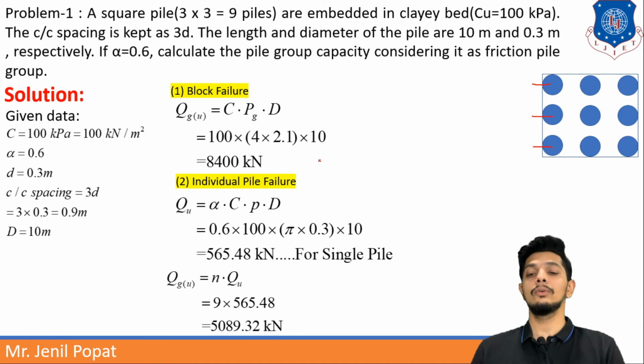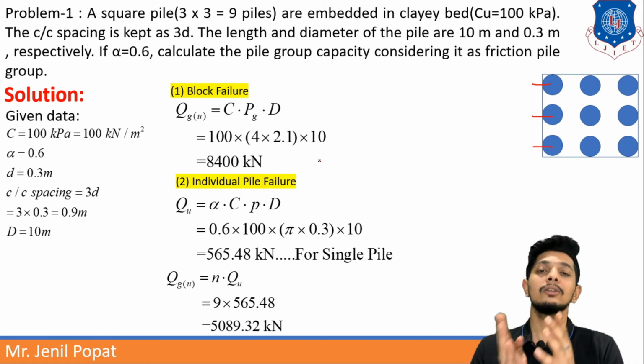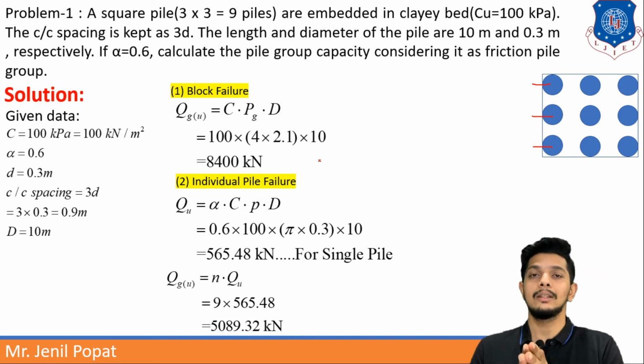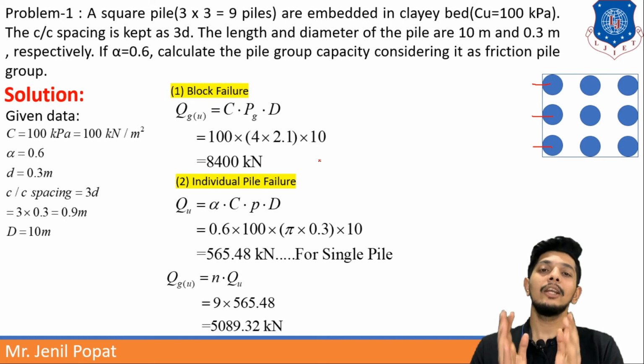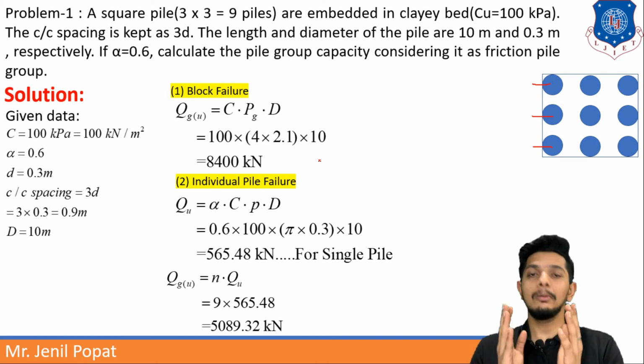Now if you compare 9 piles at 565.48 kilonewton each, the total capacity will come out as 5089.32 kilonewton. If you calculate 9 individual piles, the capacity is 5089, and if you calculate it as a block or pile group, it is 8400 kilonewton, having more capacity.